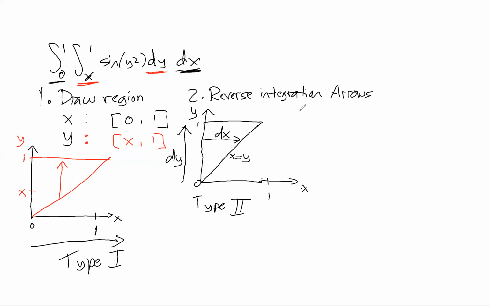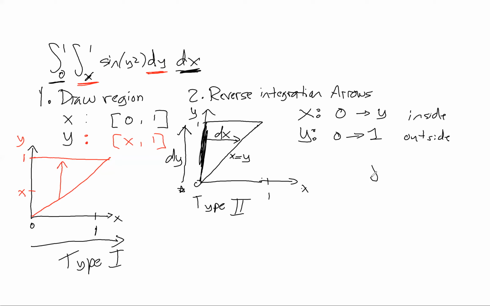Our x's go from 0, this is x equals 0, and it will end with y. And our y's will start with 0, and they'll end with 1. So this is the inside, and this is the outside.